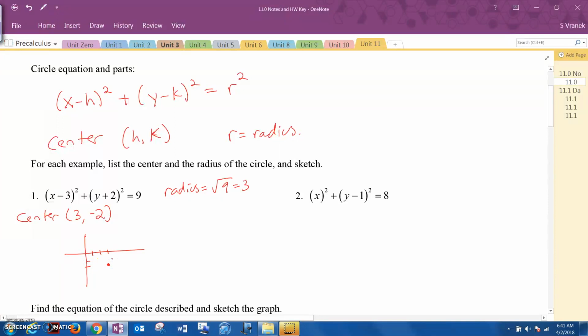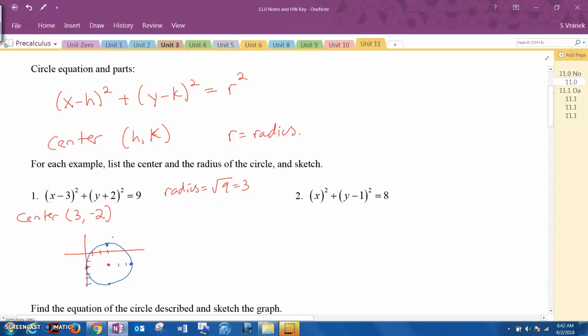And if the radius is 3, that means it goes out 3 in every direction. And then we just draw the circle. That was not too bad.